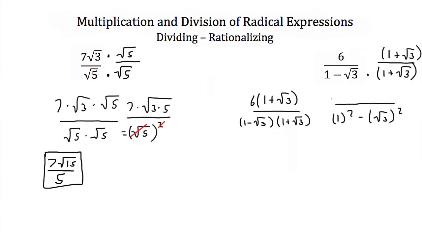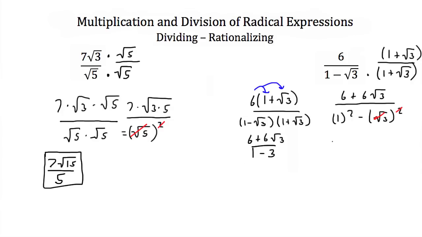My numerator, I have to distribute the 6 inside the parentheses. So this is going to be equal to 6 plus 6 square roots of 3. Now my denominator, 1 squared is just 1. The square root of 3 squared, well, the square cancels the square root. So this is just going to be 1 minus 3. My numerator, I can't do much with. It's still 6 plus 6 square roots of 3.